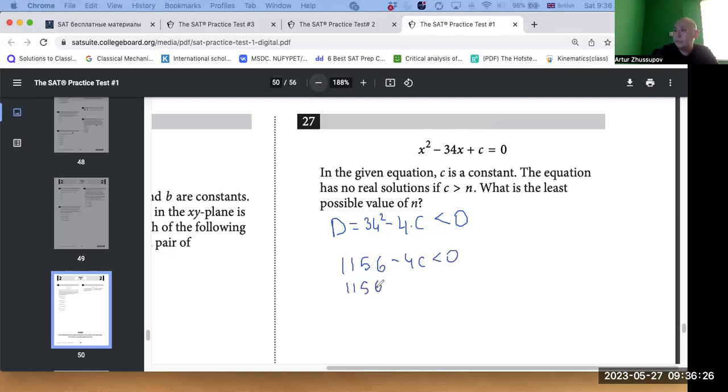So 1156 less than 4c, and c is more than 1156 over 4, so it is 289. So in the given equation, the equation has no real root and c is more than n. So what is the least possible value of n? Since c is more than 289, the least possible value of n is 289.